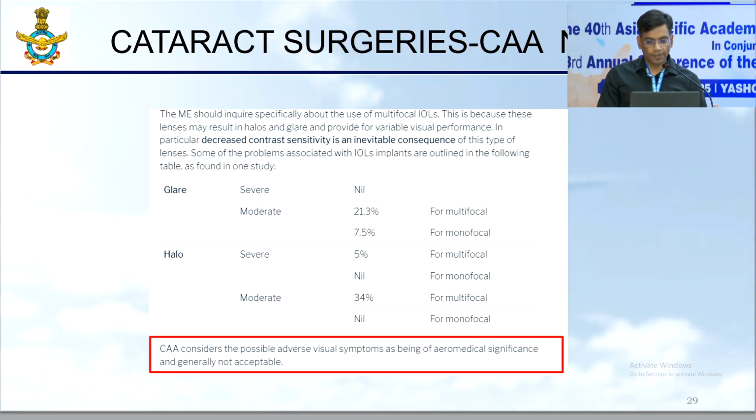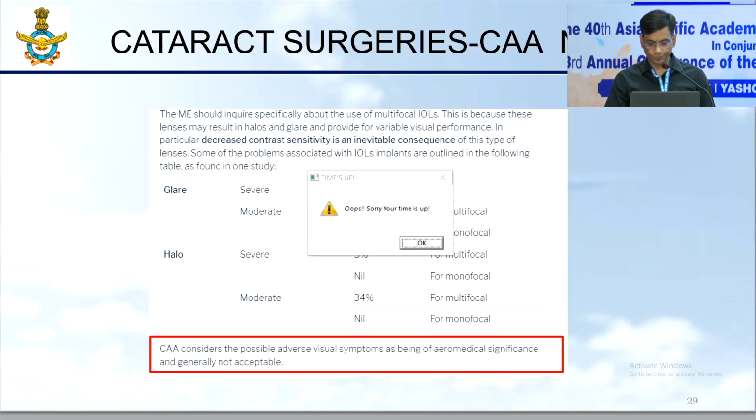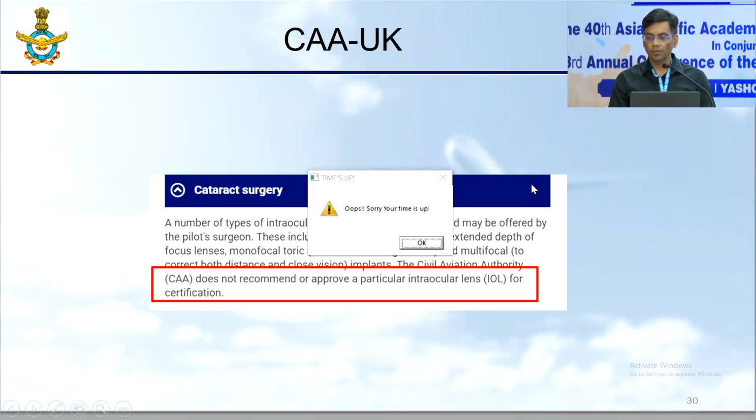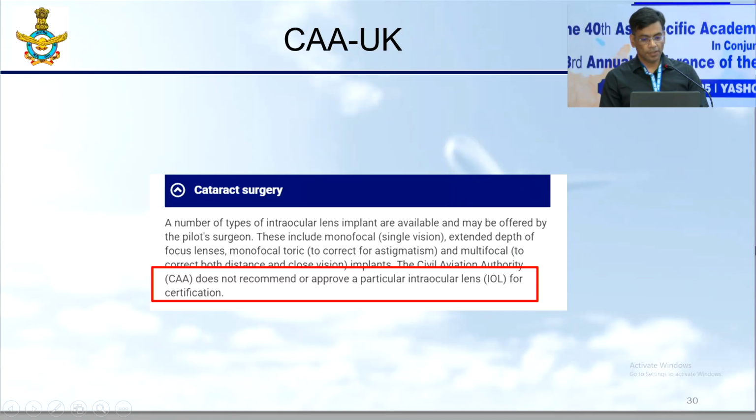However, the neighboring country New Zealand is not accepting multifocal IOL, and they have given a percentage of glare and halos. And the UK also does not recommend or approve the particular intraocular lens implantation.